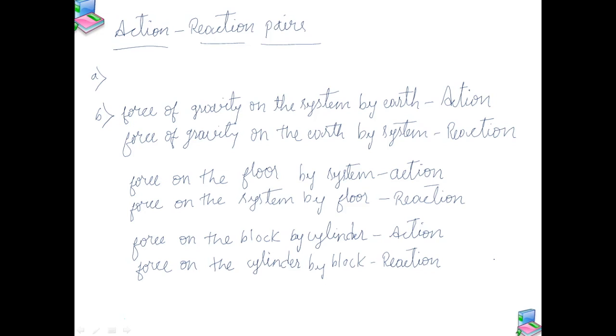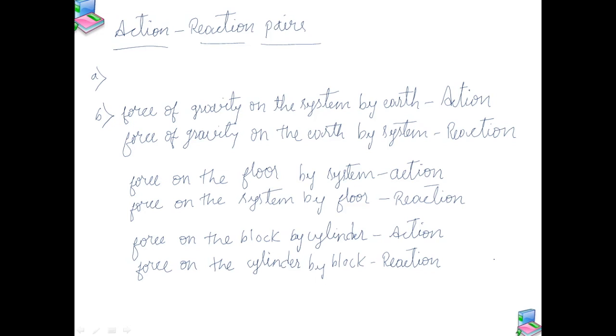So, here the action reaction pairs: we consider in the first case the force of gravity on the block by the earth is action and the force of gravity on the earth by the block is reaction, and that is equal to 20 Newton. And in the second case we get three action reaction pairs, and the first one is force of gravity on the system by earth. If you consider that as action, then the force of gravity on the earth by the system we can call it as reaction.